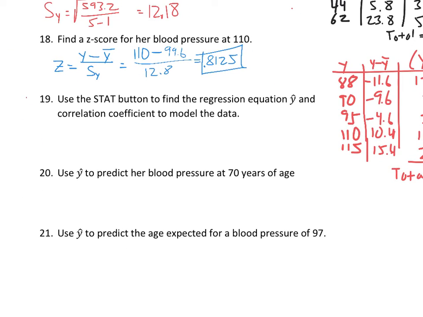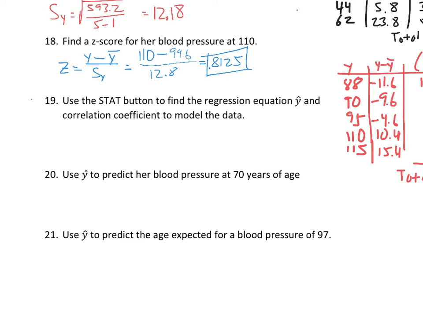All right, okay, so we're going to use our next one, 19. We're going to use our calculator. You've got all those in your list. We're going to go to Stat, Calculate, and we do our linear regression, LinReg. All right, and the a and the b that it gives you are your slope and your y-intercept. So y equals 0.74x plus 71.15. That's our y hat.